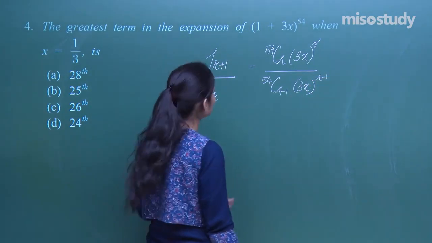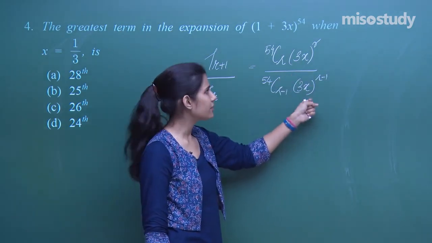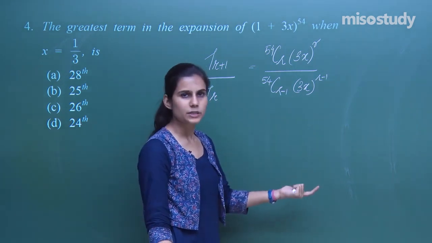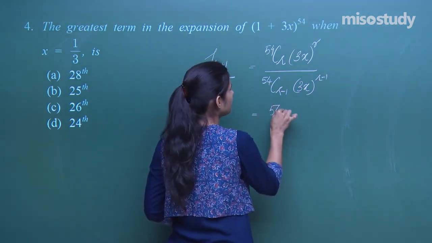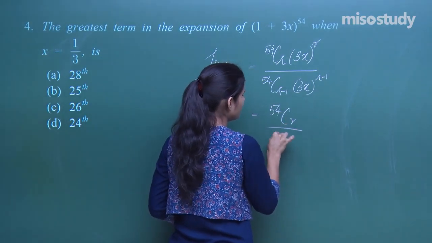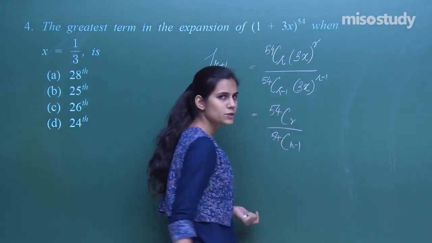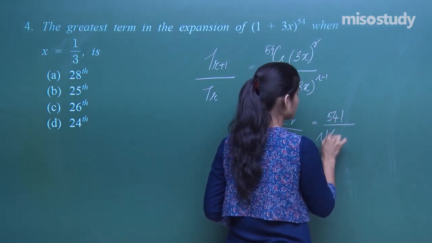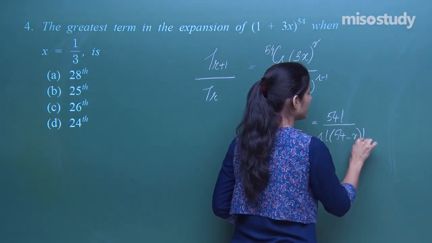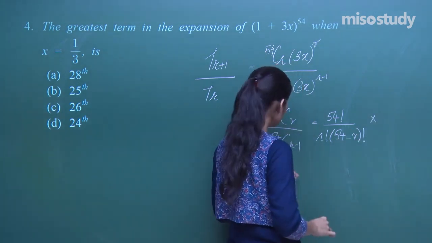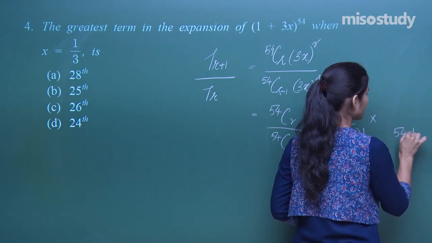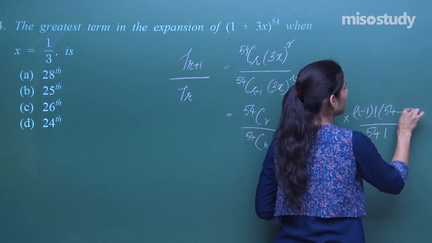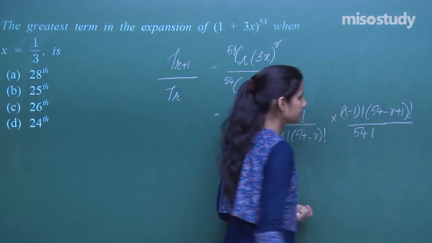x is given as 1 by 3, so this eventually becomes 1, because 3 into 1 by 3 becomes 1, and 1 to the power r, 1 to the power r minus 1 is that only. So here you get 54Cr upon 54C(r-1). This becomes 54 factorial upon r factorial into (54 minus r) factorial, and here you have 54 factorial upon (r minus 1) factorial into (54 minus r plus 1) factorial.